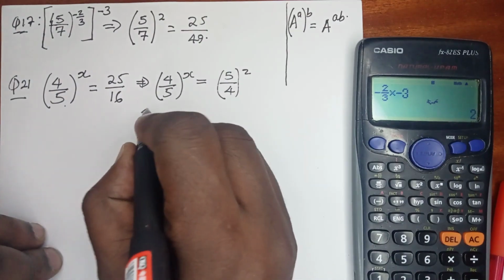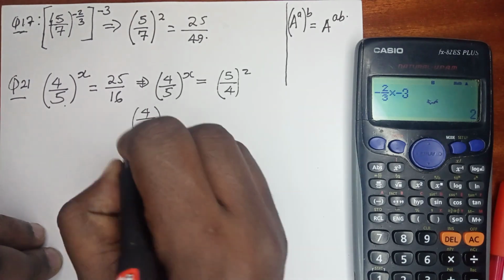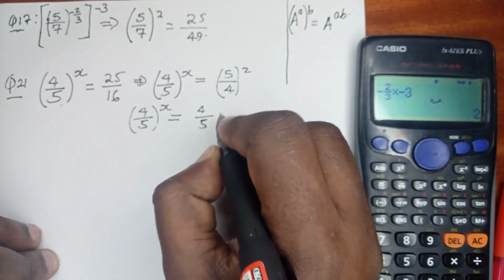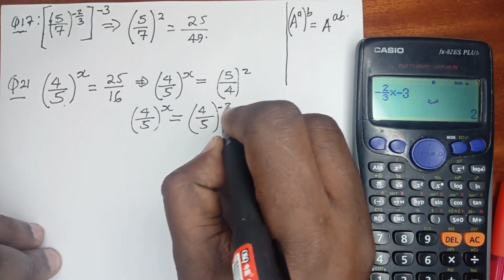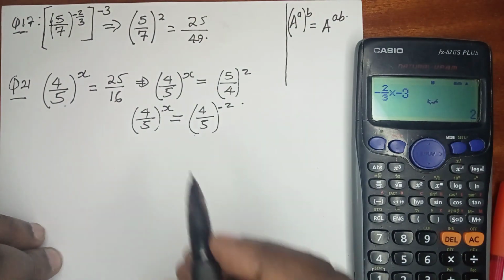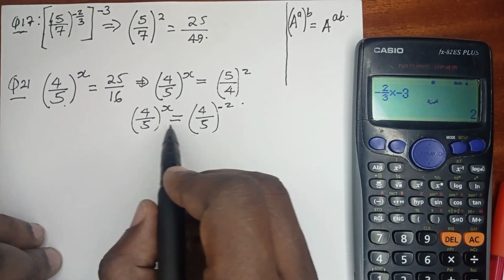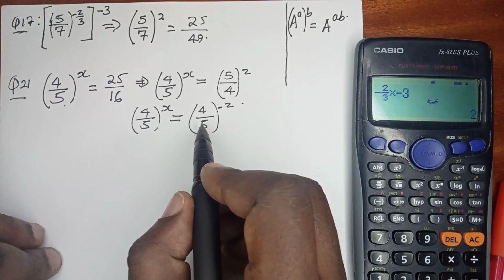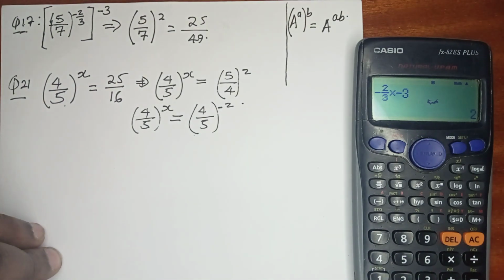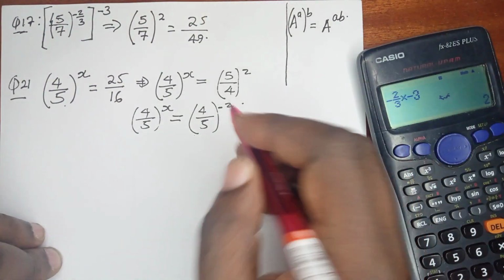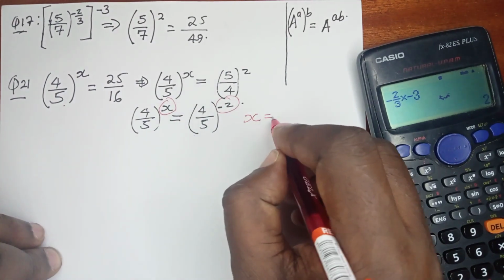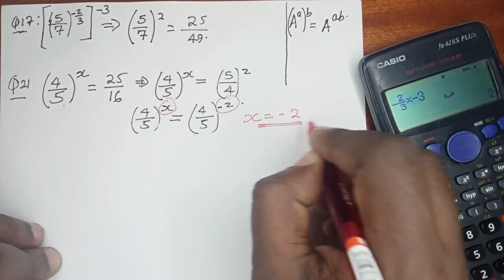That means 4 out of 5 raised to power x is equals to 4 over 5 raised to power minus 2. And because the left hand side now is equals to the right hand side, and the bases are the same, that means the indices are automatically the same. That means that our value of x is equals to negative 2.